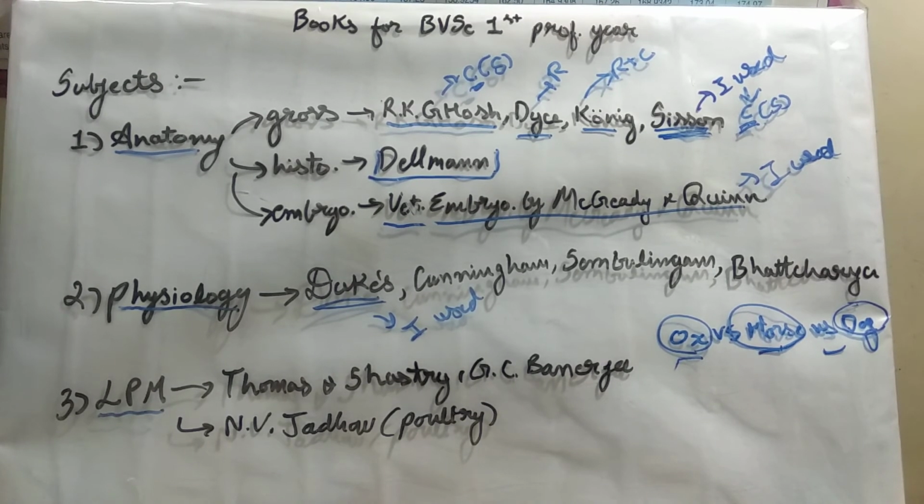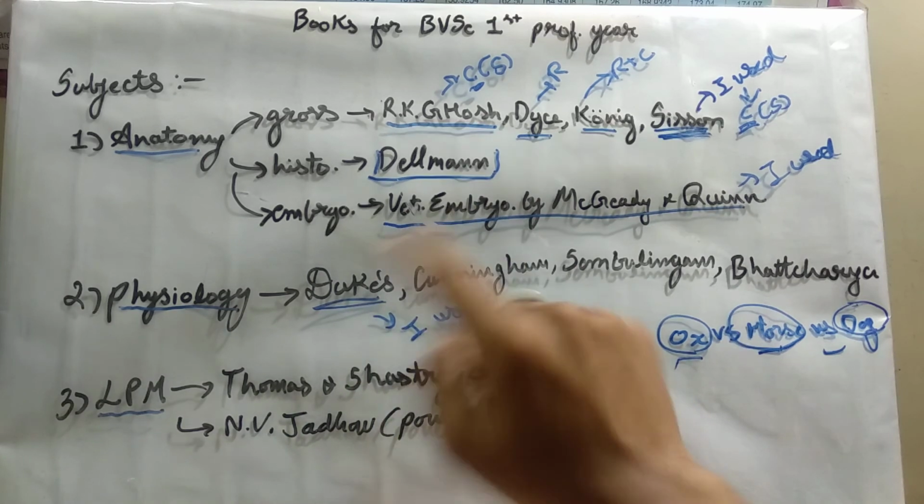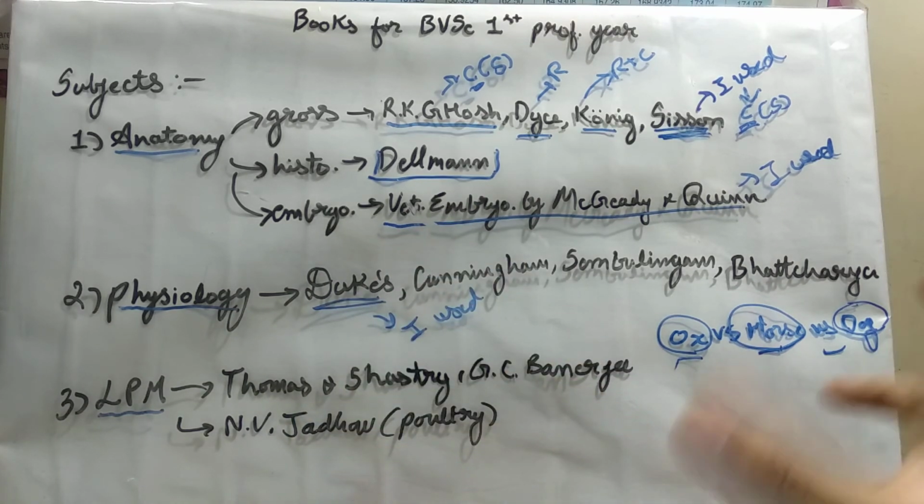Now if you don't want to buy any books, you can borrow from someone else, your seniors or your friends, or you can take it from the library, or you can get them in the form of PDF. For example, Dukes and Vet Embryology by McGeady, all these books I only have in soft copy form.